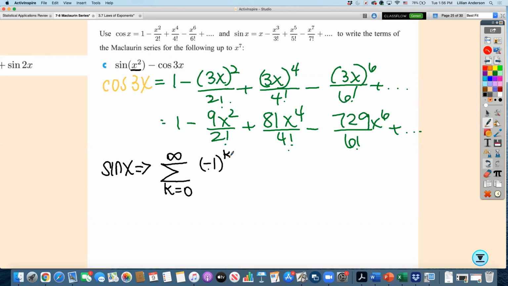It has to be like every time I plug in a value for k, I'm getting the next term in the series. The next part will be x to the 2k plus 1. And now I need to represent my denominator. There's no denominator, so that'd be 1. Then it goes 3 factorial, 5 factorial, 7 factorial. It's going to have to be something factorial.